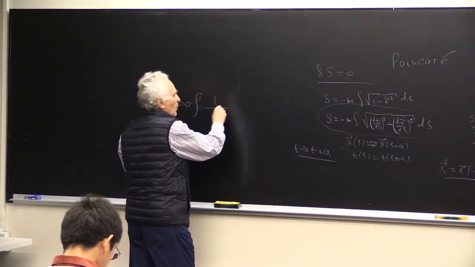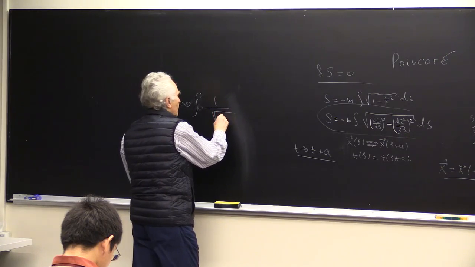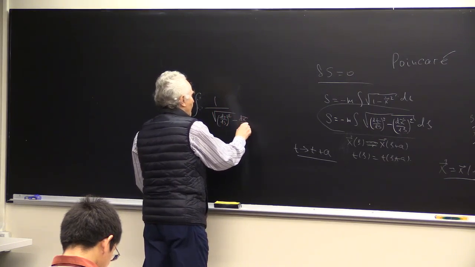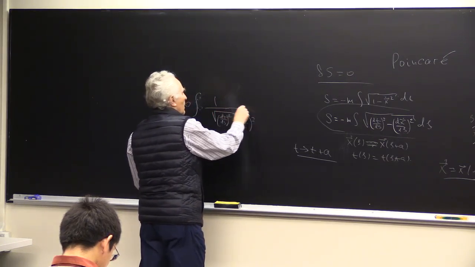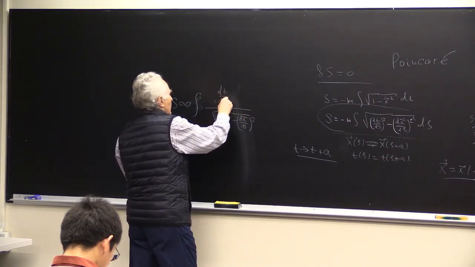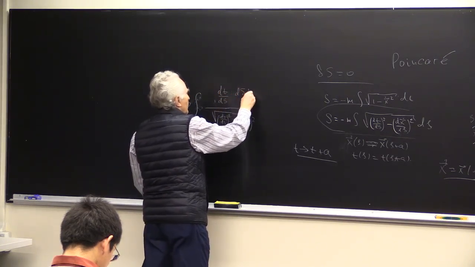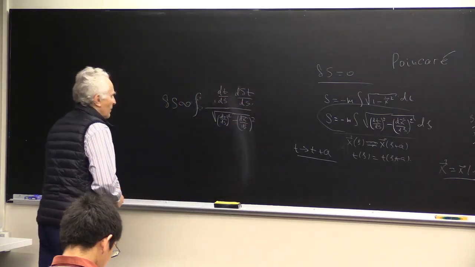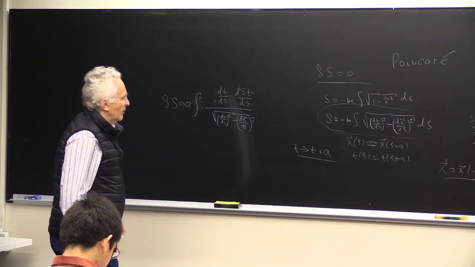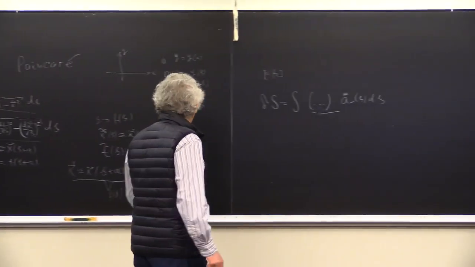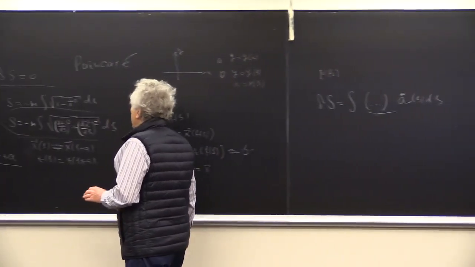We have 1 divided by the square root of dt ds square minus dx ds square, and here on the top we have dt ds, d delta t ds. Why doesn't that give the same, because the first equation uses dx squared? Very good point.